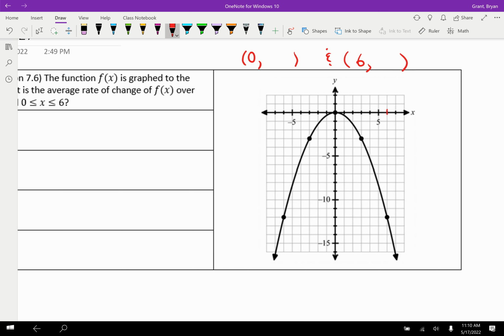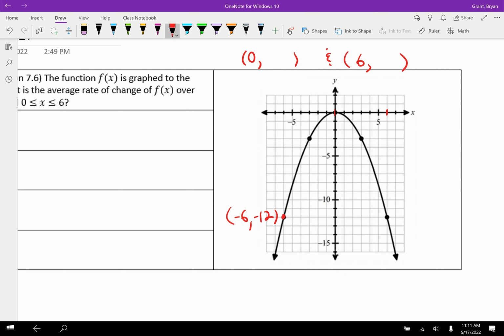So here is an x of 6. Here is an x of 1. We're not just looking between those two, though, because we're curious about the average rate of change of f of x. So we need points that are actually on this graph. For example, if you look at this point down here, this is the point negative 6, comma, negative 12.